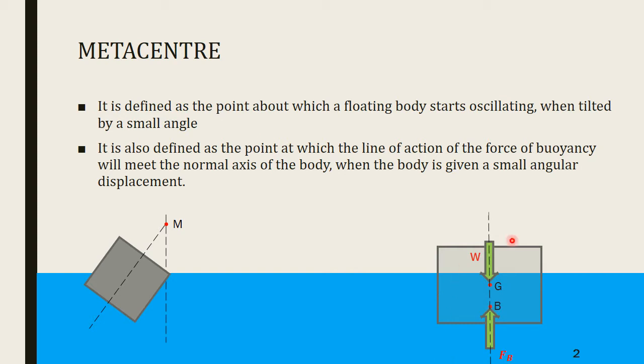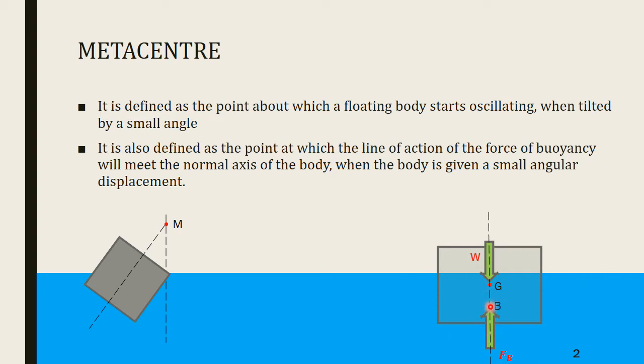Now, as you can recall from the first video on module 2, center of gravity is the point at which the weight of the body seems to be concentrated, and if the body is uniform, center of gravity will be at the exact center. Center of buoyancy is located at the center of the submerged portion of the body.